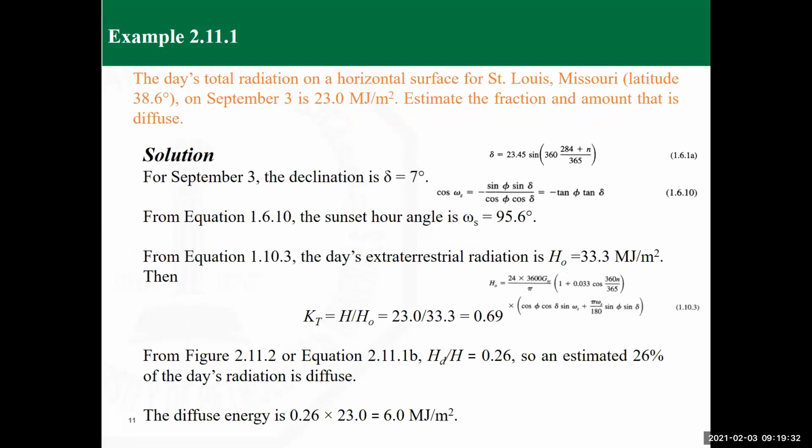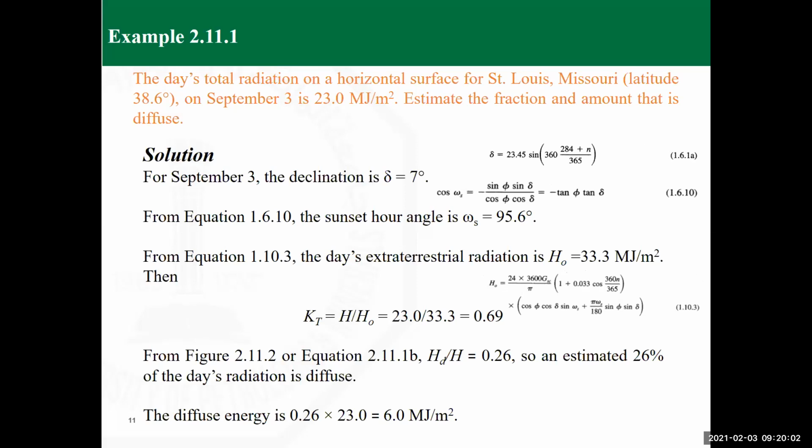So we have a certain location identified by its latitude angle, 38.6. The day of the year has been given, September 3. And the total radiation has been given as 23. What we need is the diffuse radiation, HD, and the ratio HD over H. H here is the 23, which is given here.